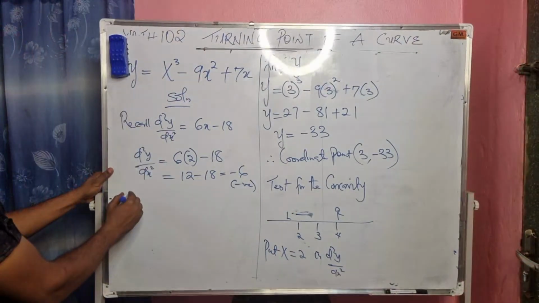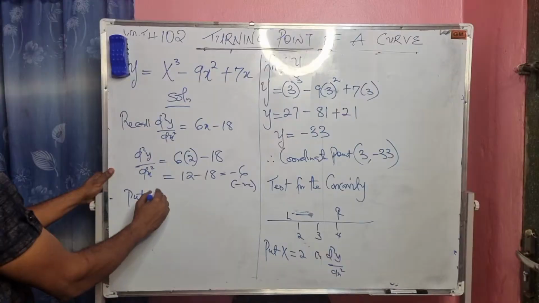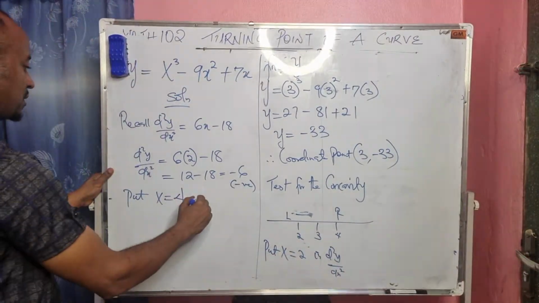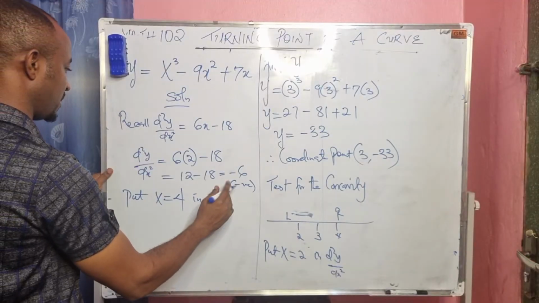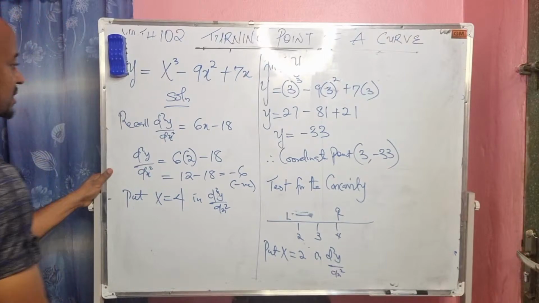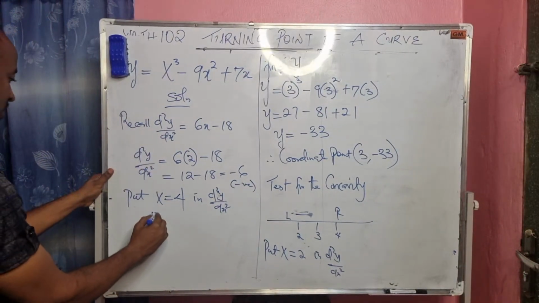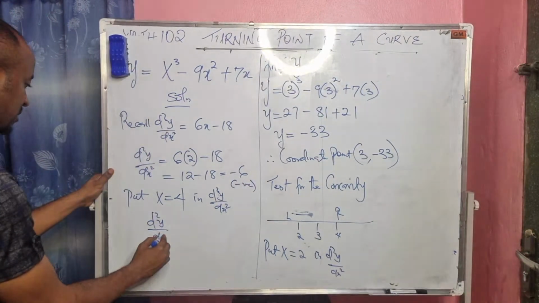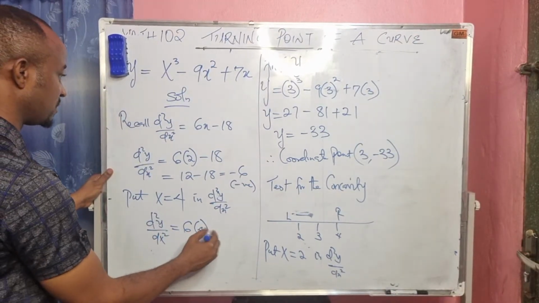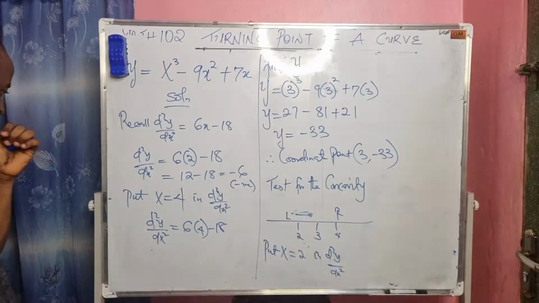Let's verify. Also on the right hand side, I'll put x equals 4 in the d2y over dx squared, right? So d2y over dx squared equals 6 times 4 minus 18.